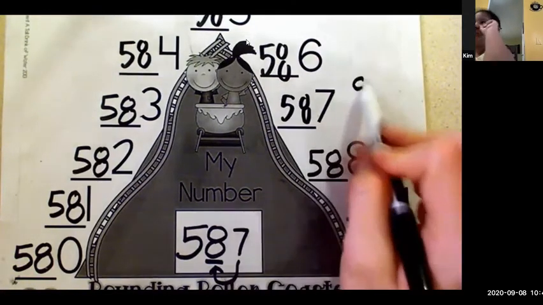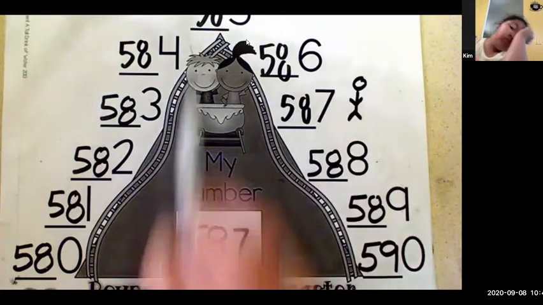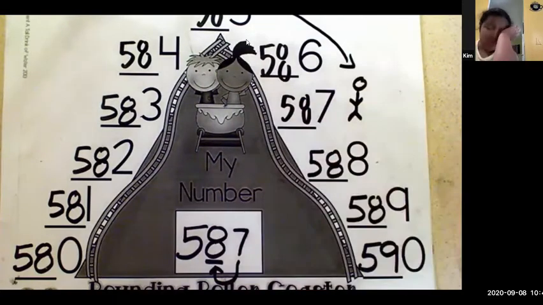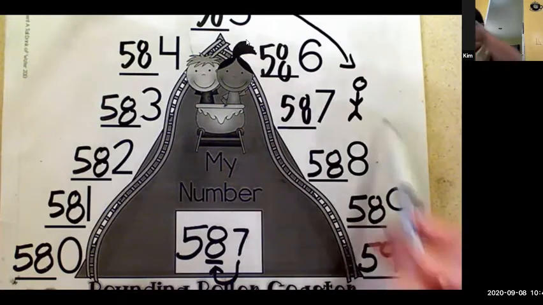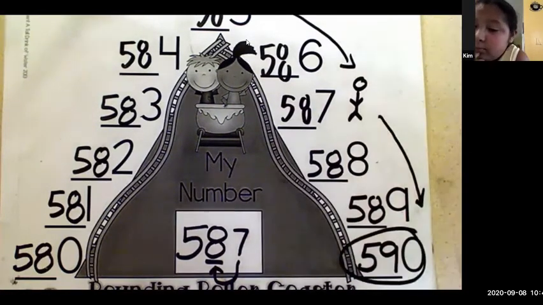Our number that we were given was 587. When we identify the midpoint, we see that this number comes after the midpoint. So our number will round up or forward to the larger benchmark number of 590.